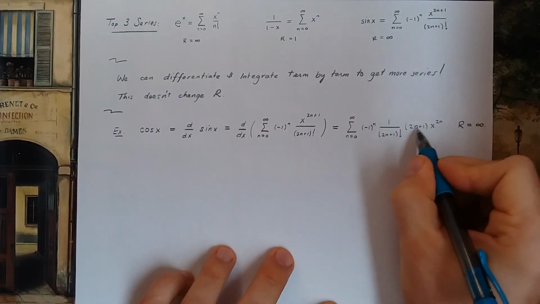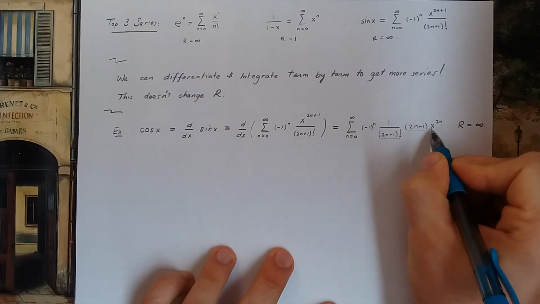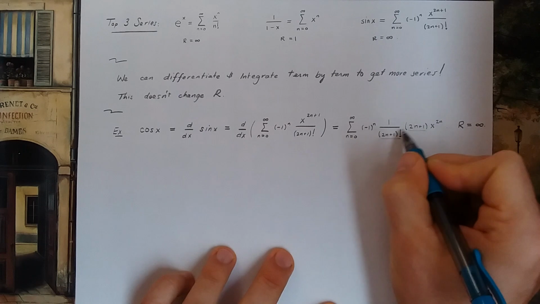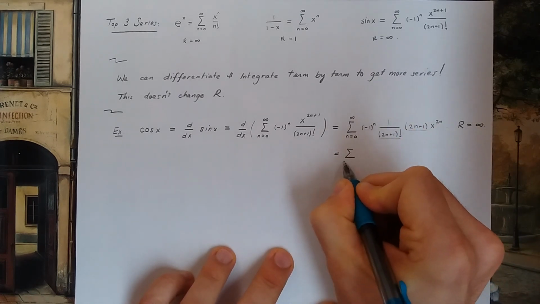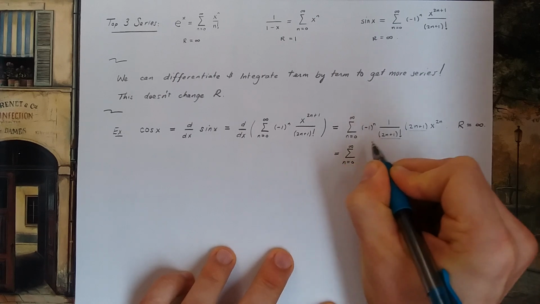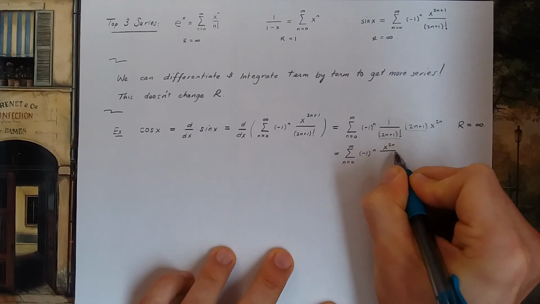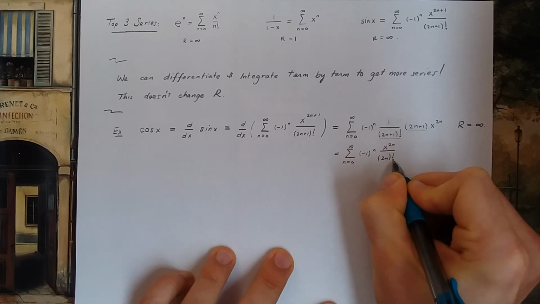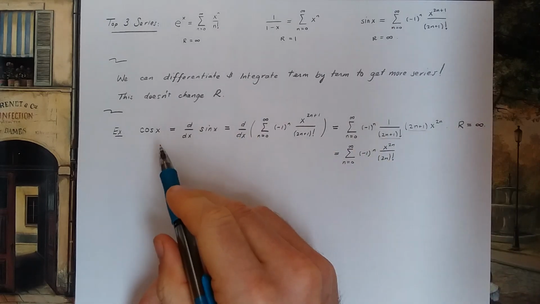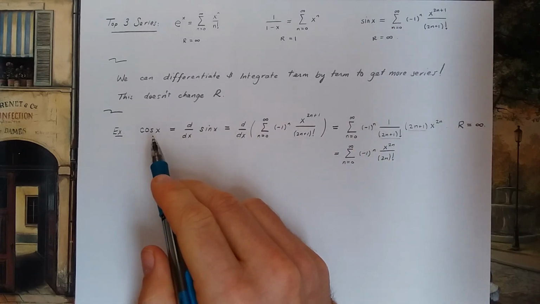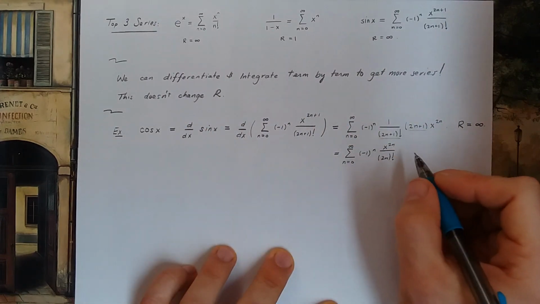Now you might notice I have a 2n plus 1 here and a 2n plus 1 factorial. The last term in the factorial will cancel with this term. If you'd like, you could rewrite it as the sum going from 0 to infinity of minus 1 to the n, x to the 2n over 2n factorial. That'd be okay too. But still, I got the Taylor series for cosine x centered at 0 really easily. All I did was take the derivative of sine x.